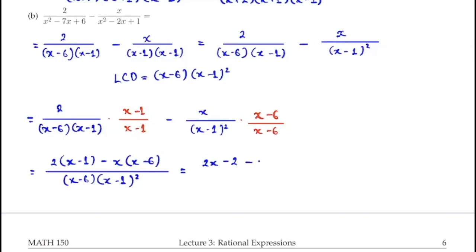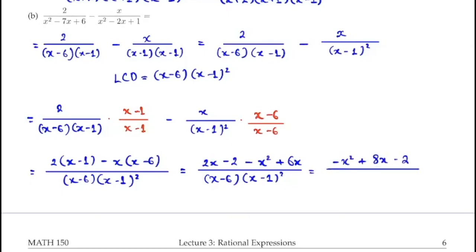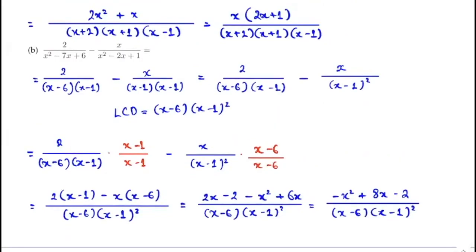So here minus x squared plus 6x over (x minus 6) times (x minus 1) squared. All right, so you combine like terms and rewrite the numerator as negative x squared plus 8x minus 2 over (x minus 6) times (x minus 1) squared. So the conditions, so x minus 6 different from 0, x minus 1 different from 0, so just 2 conditions.